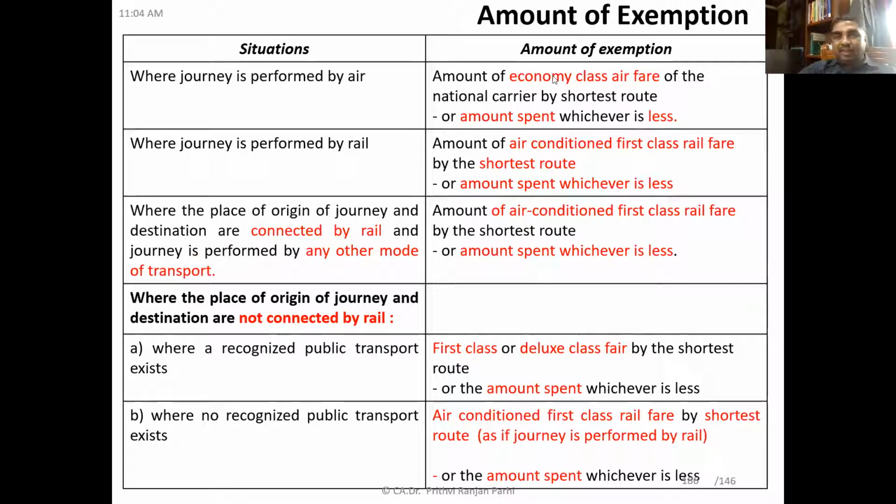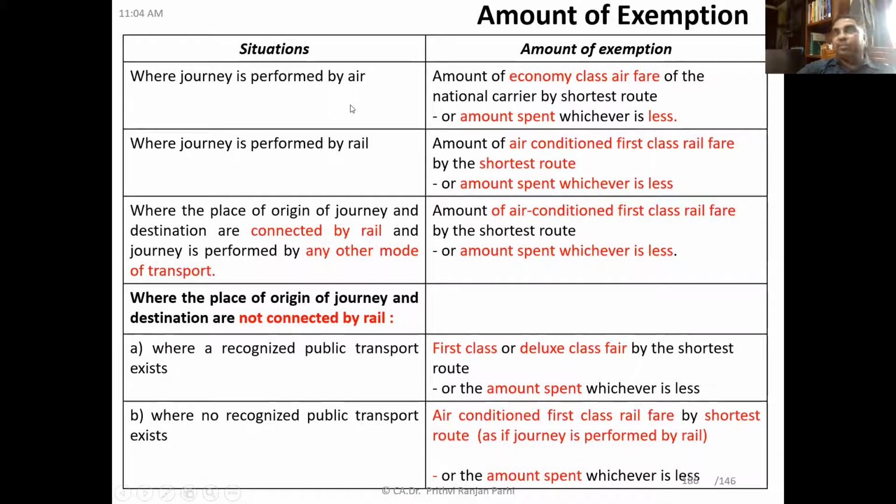Now, let us learn these provisions in detail. First, you see what is the amount of exemption, and you can also refer to this table where situations are explained and exemption amounts are also explained. Okay, now you see the situations.